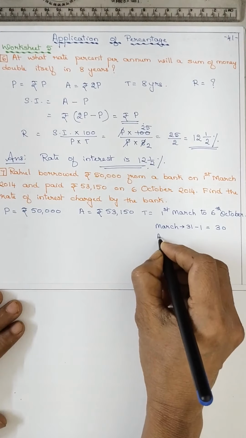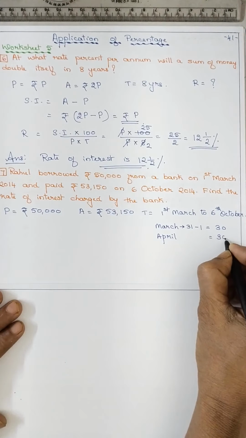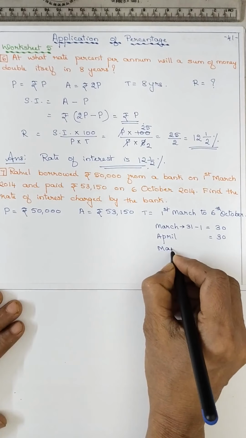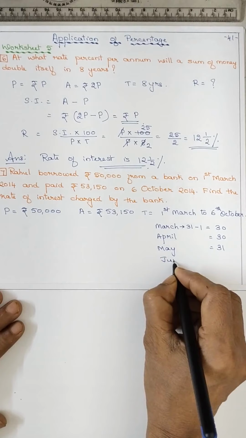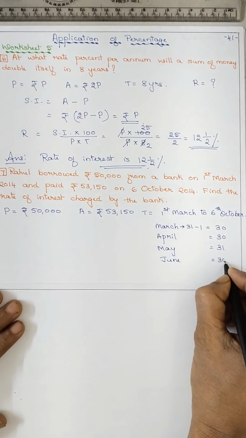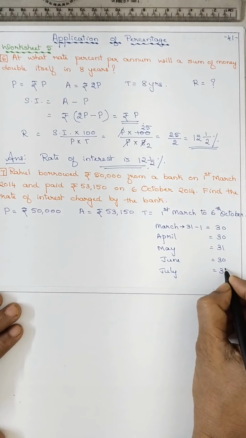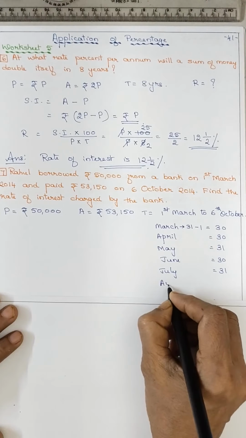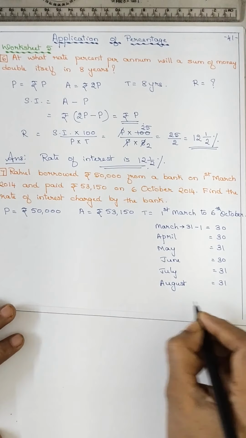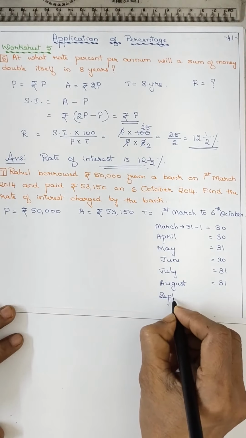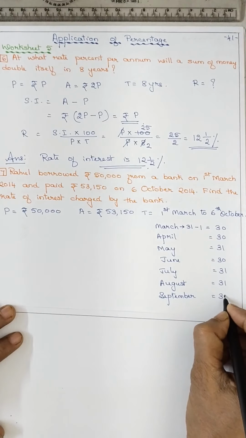Next it is April, it will be 30. In May it is 31. June, 30. July, 31. August, 31. September, 30.